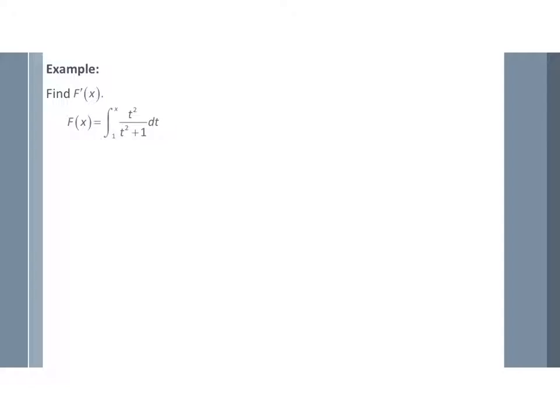So let's look at an example of this. Here we have a function, capital F, and it's a definite integral evaluated from 1 to x. Now it's possible that we could go ahead and do this like warm-up 1 and evaluate the definite integral. It's possible, but we don't have the tools necessary in our calculus toolbox to actually find this definite integral.